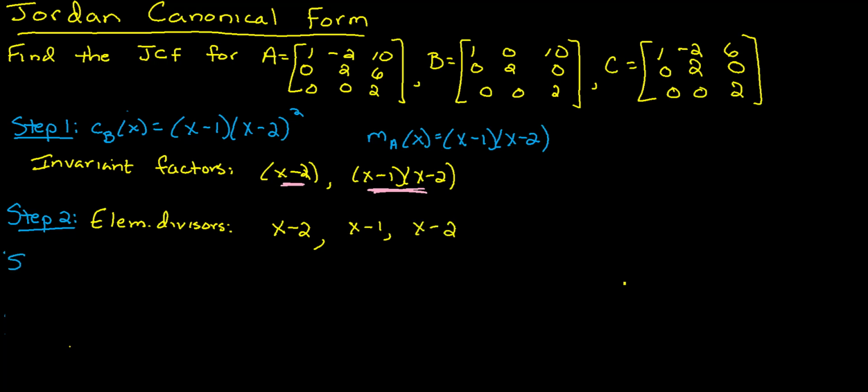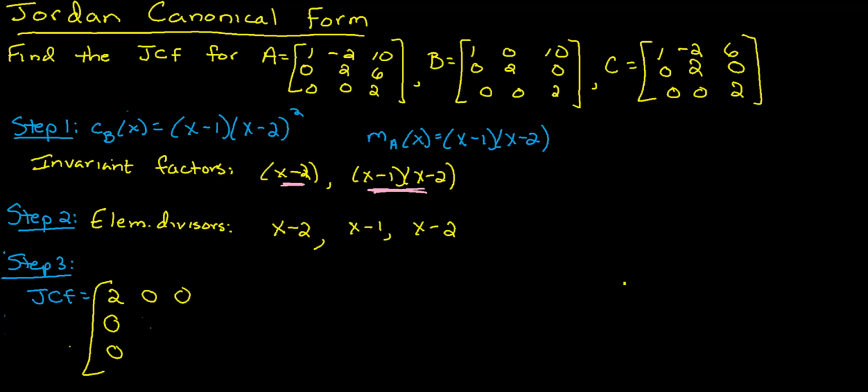Step 3 is my Jordan canonical form. I'm going to write the Jordan blocks corresponding to each of the elementary divisors. So the first elementary divisor there was x minus 2. That gives me a Jordan block, which is a 1 by 1 block, zeros everywhere else. Next, I'm looking at this entry in row 2, column 2, and that again is going to be a Jordan block of size 1 because my exponent on this divisor is a 1.